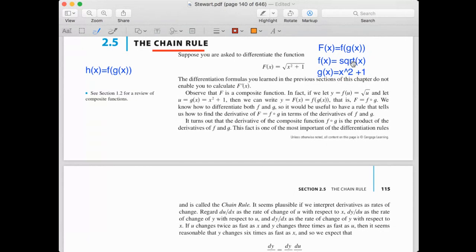What does f do? F square root the input. So now we go back to big F. Now the input of f is a g. That means f takes x squared plus 1 as input. What does f do? F square root the input.